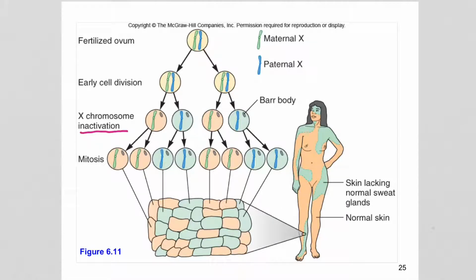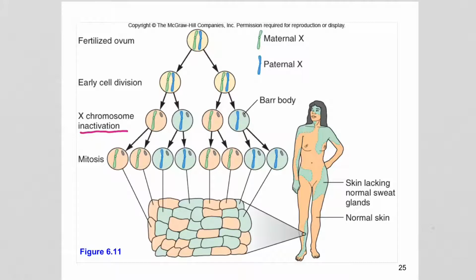So one X chromosome remains active, the other is inactivated by that XIST gene, and it becomes a Barr body. So there's no longer any expression. So these cells then go on to give rise to the next generation of cells and the next generation of cells that we see all over in the body's tissues.